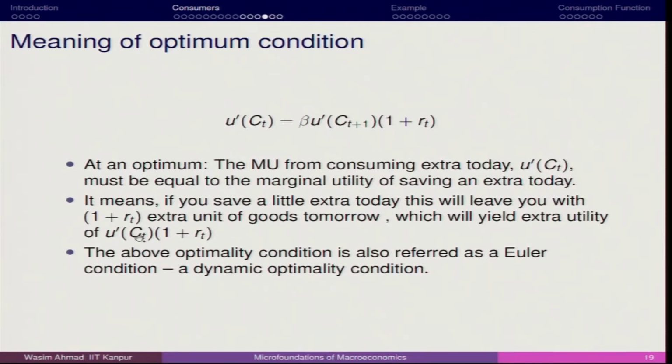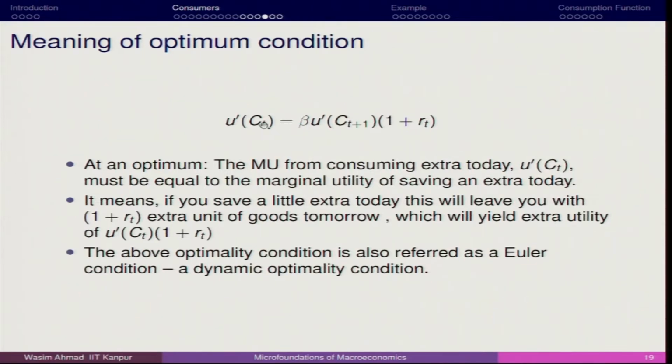If you have 100 rupees and you save 40 rupees today, you are going to get 40 into 1 plus r in the future. So, it is up to you: either you consume today, in which case it is simply the marginal utility of current consumption, or you save that amount, and then it is equivalent.